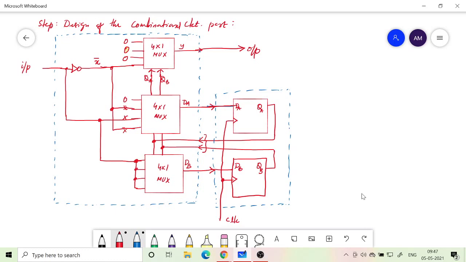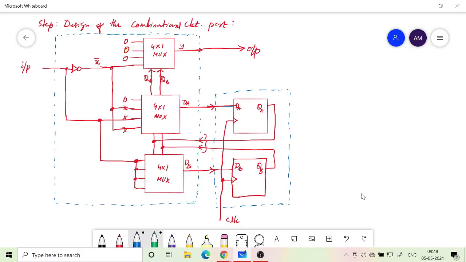Earlier I showed it on this side, but it may be better to show it this way; it is just a way of drawing. Essentially, the combinational circuit takes input from external inputs and also from the state of the flip-flops.